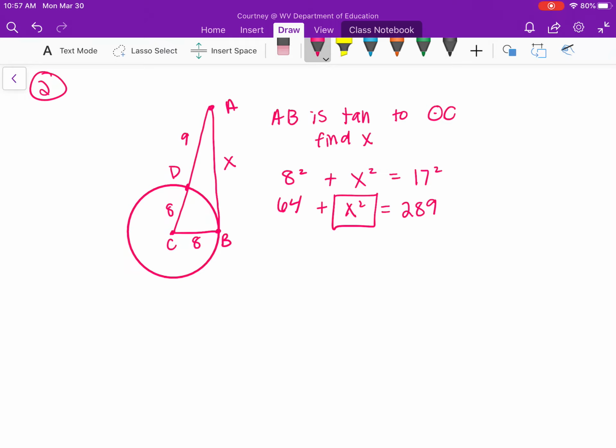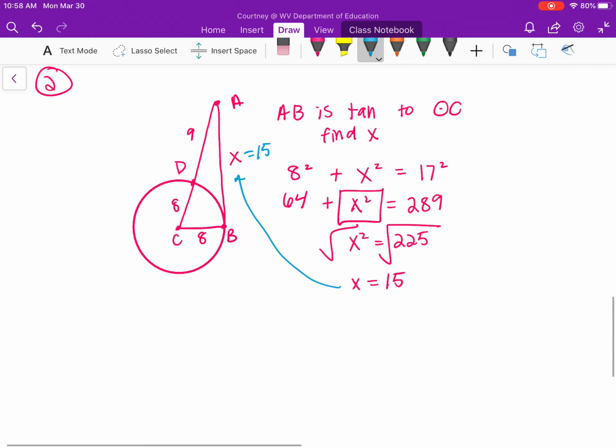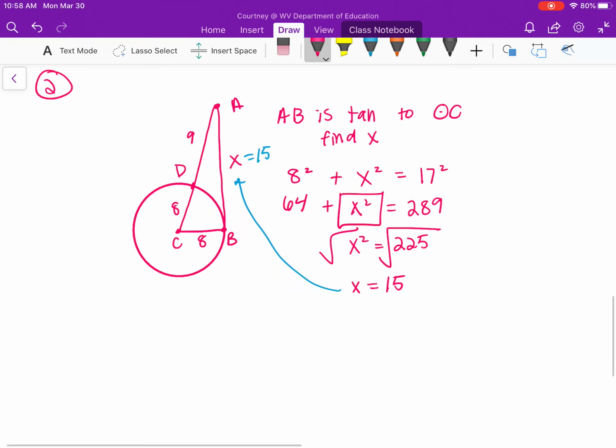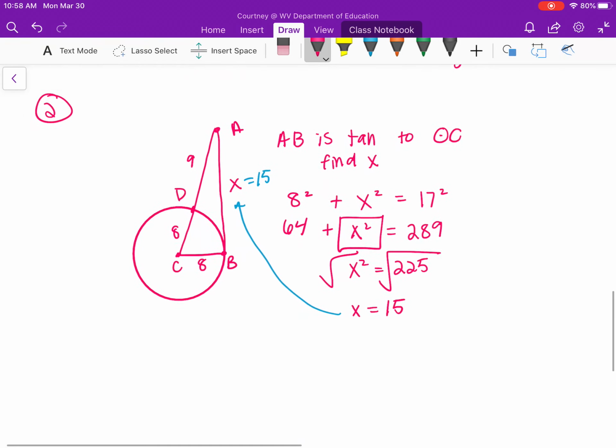Want to get this x squared by itself, we subtract. X squared is 225. Take the square root. Square root of 225 is 15. So, come back up here. X equals 15. These aren't too bad, right? Pretty easy so far.